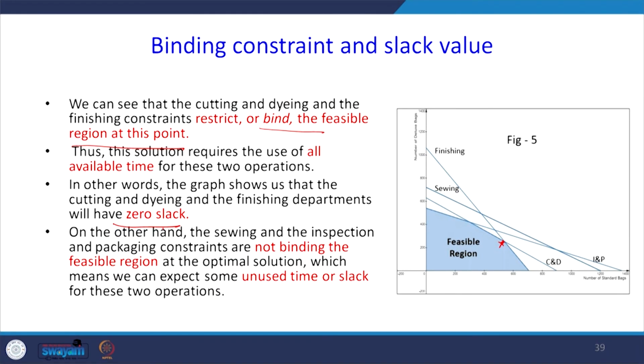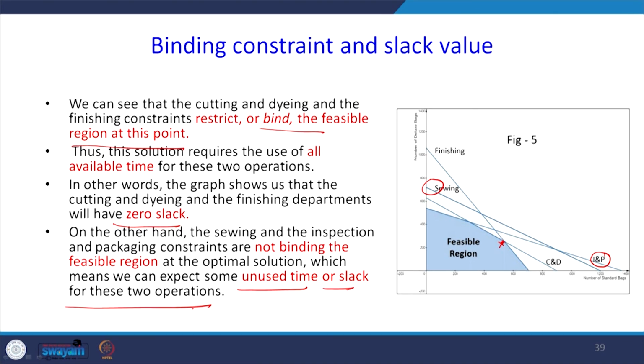On the other hand, the sieving and inspection packaging constraints are not binding the feasible region. See the other constraints, what are they? This inspection and this sieving are not binding the feasible region at the optimal solution, which means we can expect some unused time or slack for these two operations.